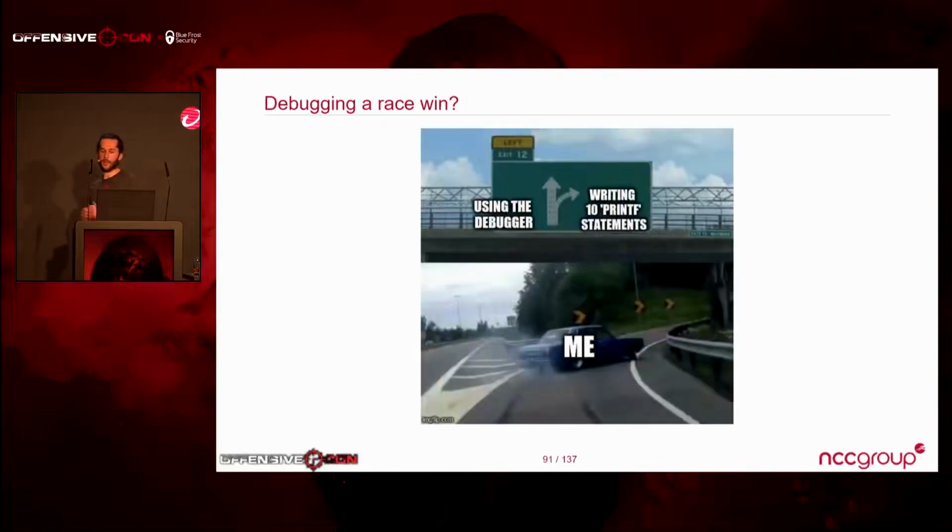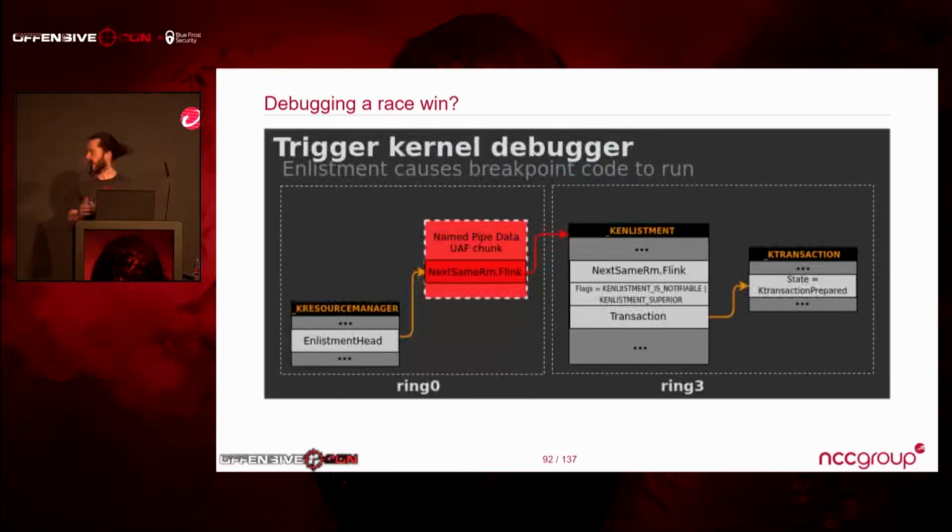Okay, so the next thing is how do we actually debug a race win? There is using a debugger, using different printfs, and we decided to use another method, because we repetitively debugged it, and we found a technique which basically consists of using the superior flag. I said earlier the superior is used in the case where we don't care, but there is code in this function that actually does different things if it's superior.